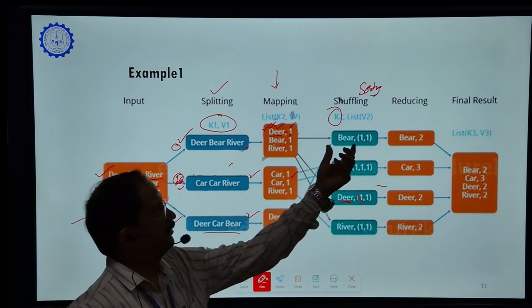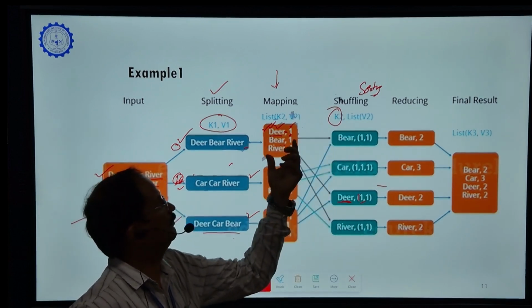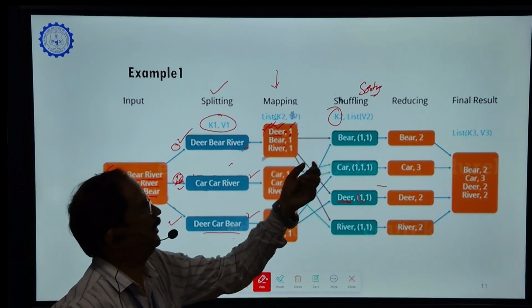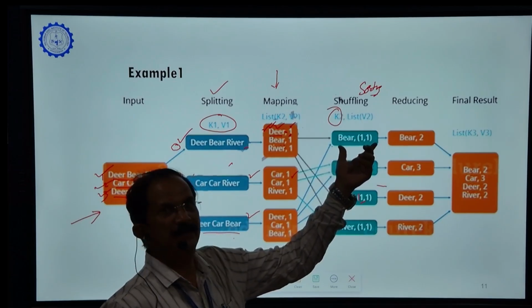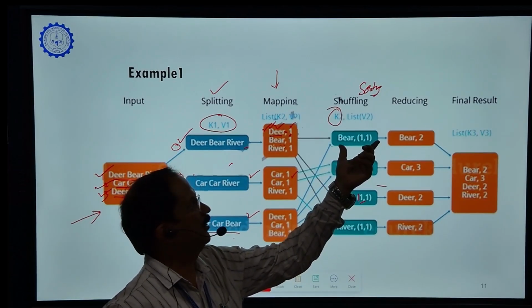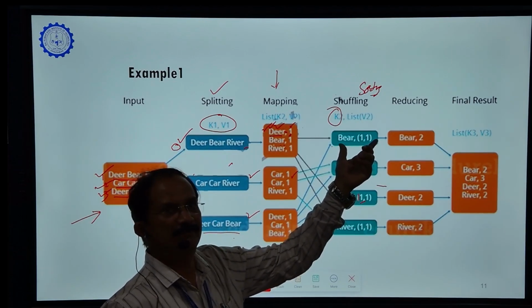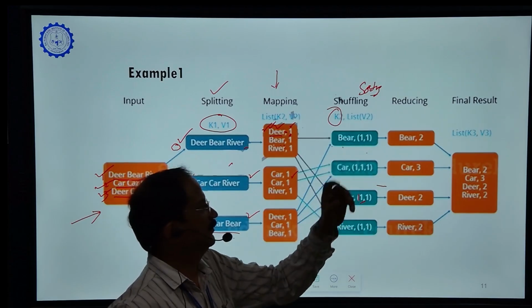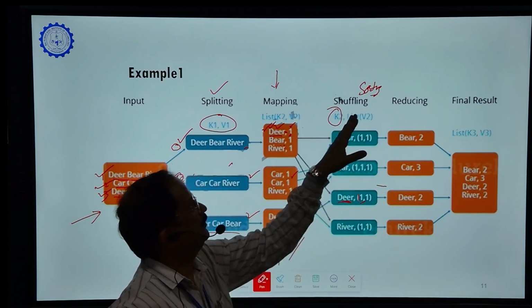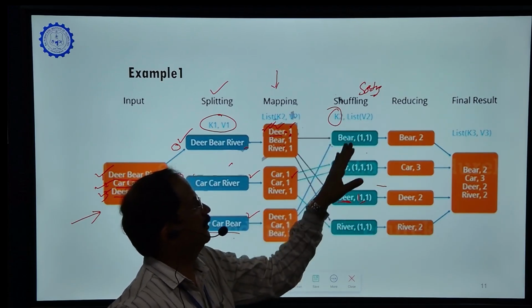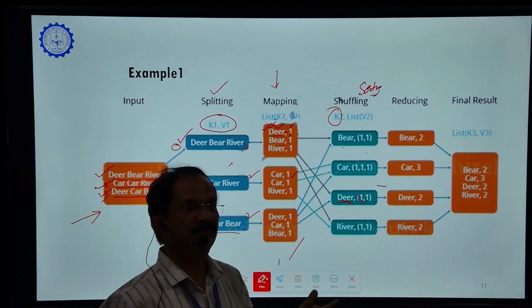So the tokens created in the mapping become a list of the number of tokens.